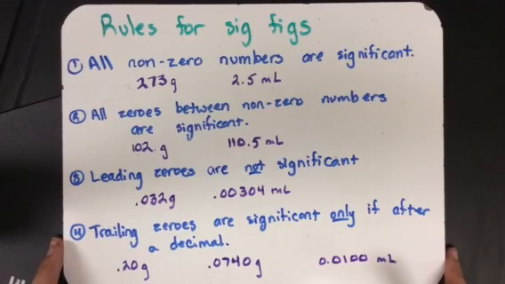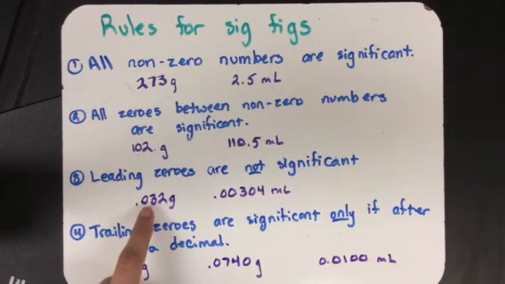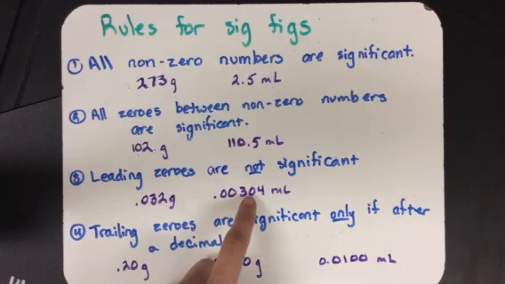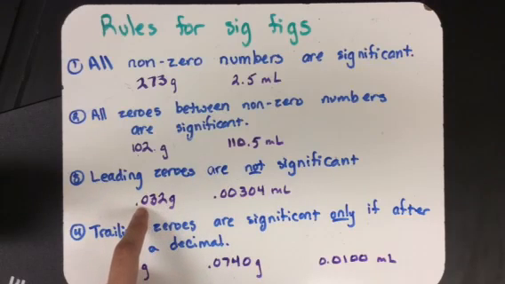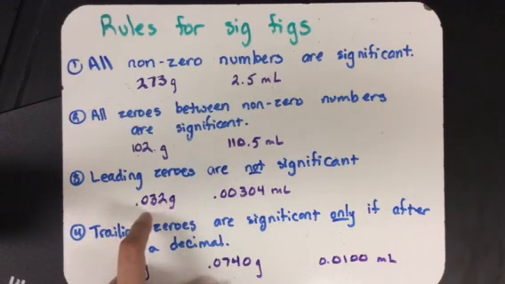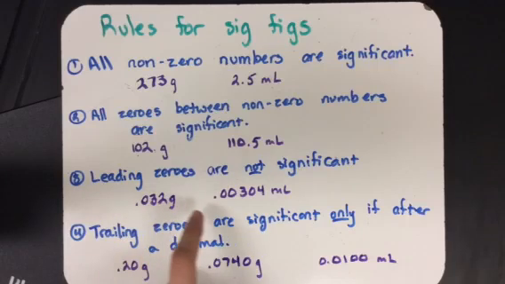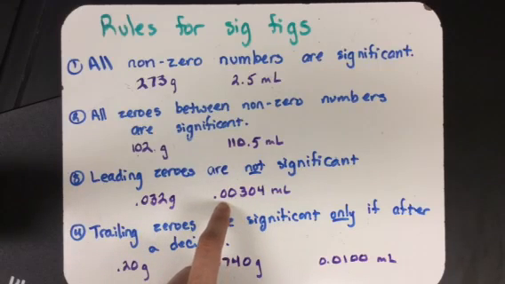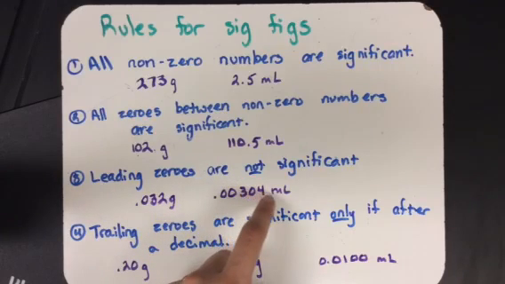Leading zeros, any zeros that are in front of non-zeros, are not significant. They are never significant. So here, where you have 0.032 grams, this value only has 2 sig figs, the 3 and the 2. That 0.0 is not significant. Same thing for here, 0.00304 milliliters.